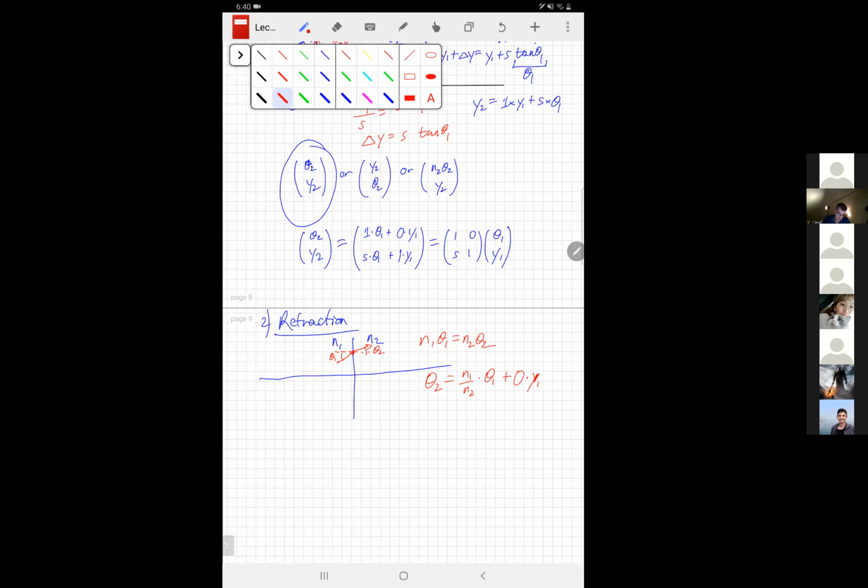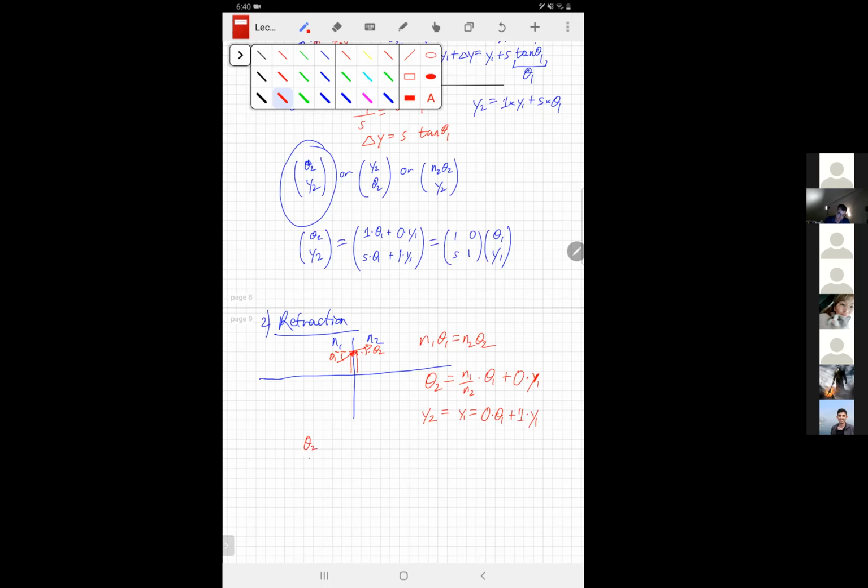Does the height of the ray change when it's passing that infinitesimal distance across the barrier, across the interface? Not really, no. It was up here on the left side, still up there on the right side. So y2 equals y1, or I can write it as 0 times theta 1 plus 1 times y1.